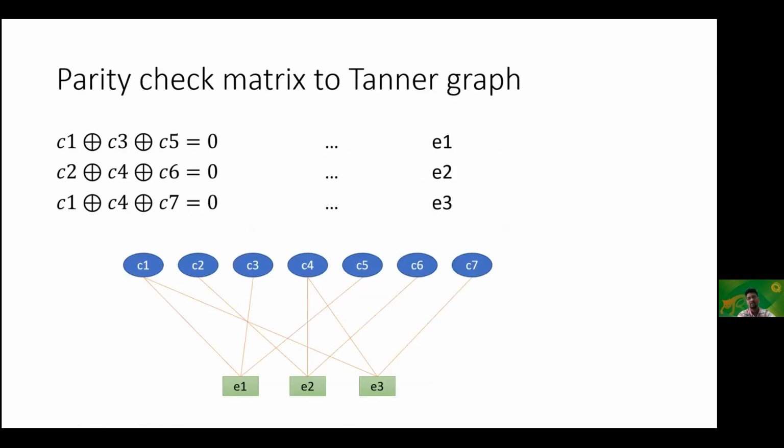Now what you do is, when you receive that, ideally you should get 0, but if there is an error, you will get some of the equation outputting 1. Now in a bit flip decoder, you randomly flip one of the bits and see whether that decreases the total number of mismatched equations.